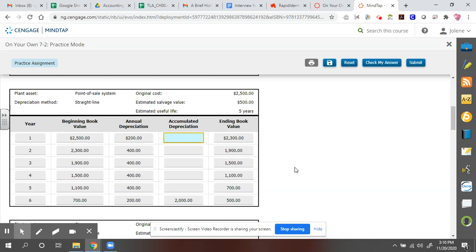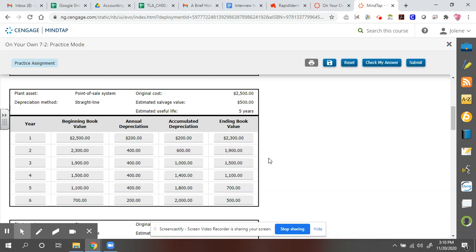So we start off with 200 right here. 200 plus 400 is 600. 600 plus 400 is 1,000. 1,000 plus 400 is 1,400. 1,400 plus 400 is 1,800. 1,800 plus 200 is 2,000.